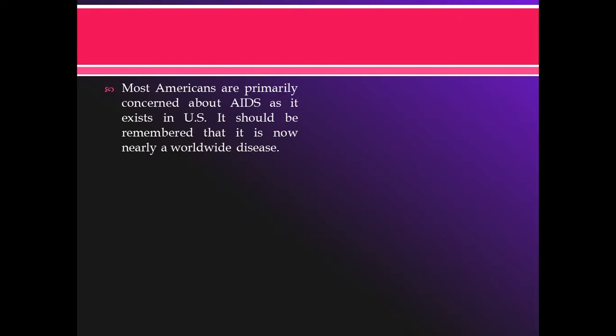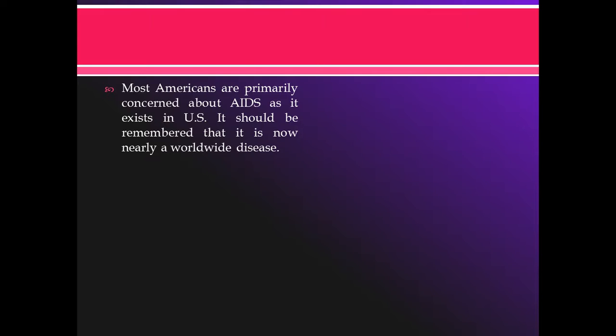Here's another example. There are 10 examples. Most Americans are primarily concerned about AIDS as it exists in the United States. It should be remembered that it is now nearly a worldwide disease. So these are two sentences.